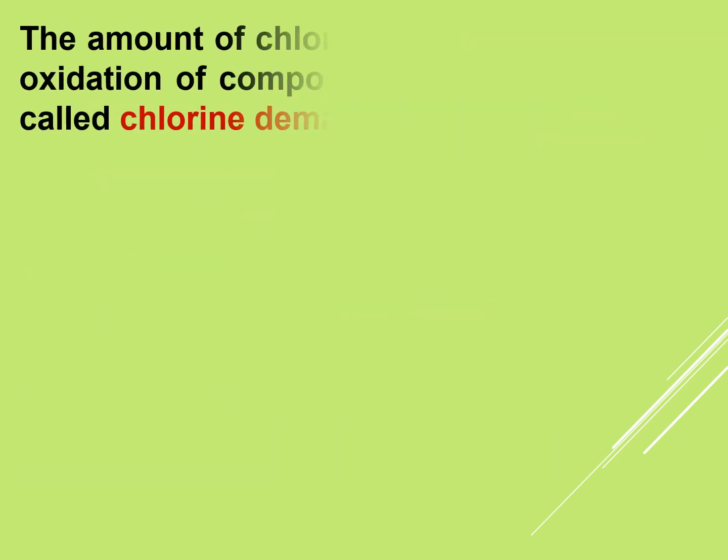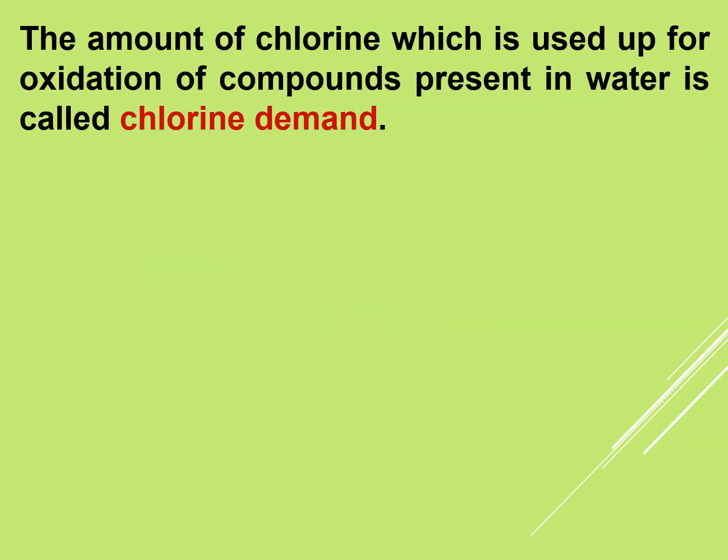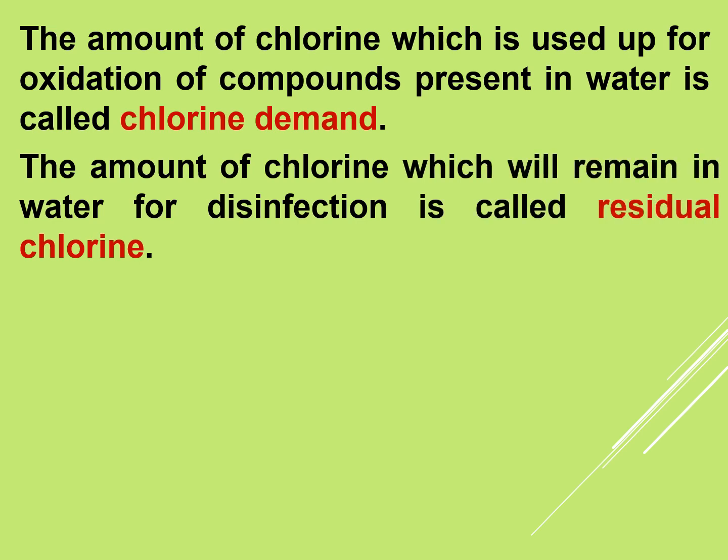So the amount of chlorine which is used up for oxidation of compounds present in water is called chlorine demand. In the earlier steps, for all these 4 steps together, however much chlorine is required, that is called chlorine demand. And the amount of chlorine which will remain in water for disinfection is called residual chlorine. Remaining chlorine, that is residual chlorine.